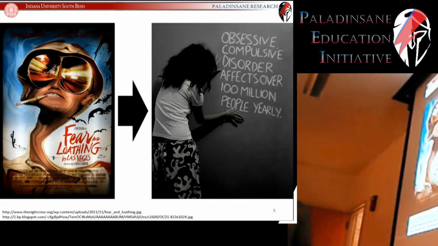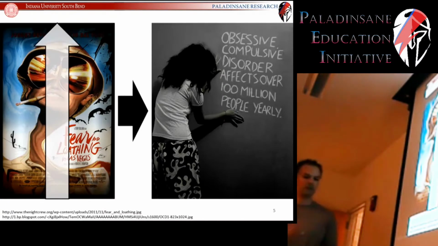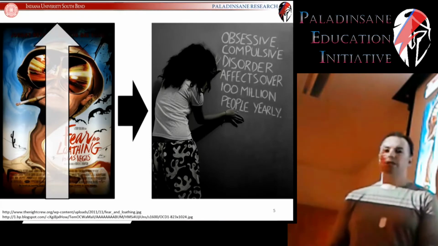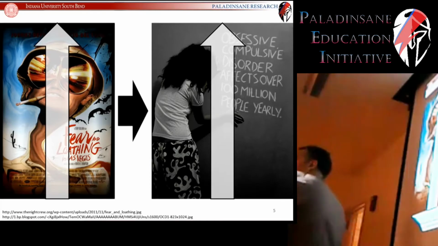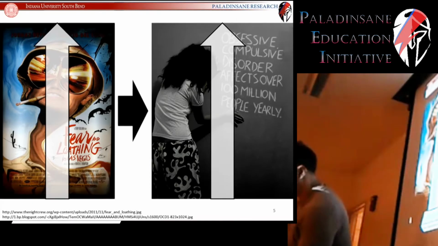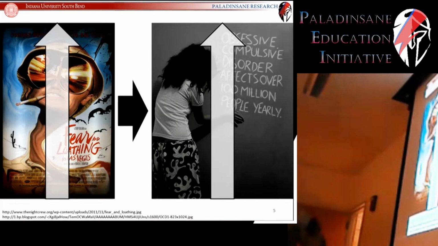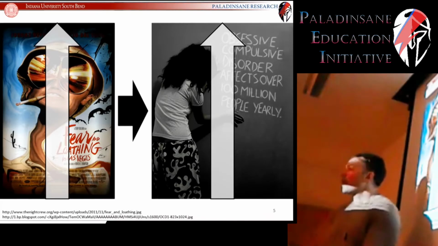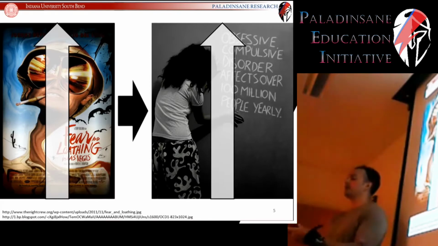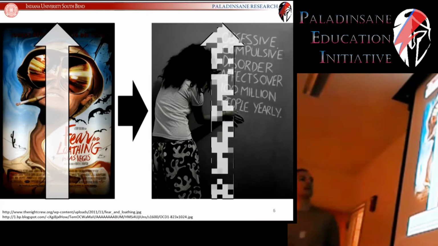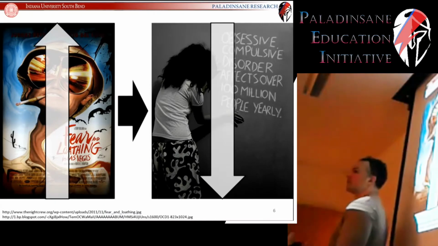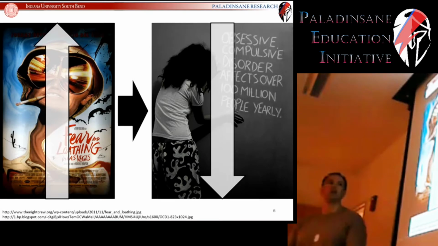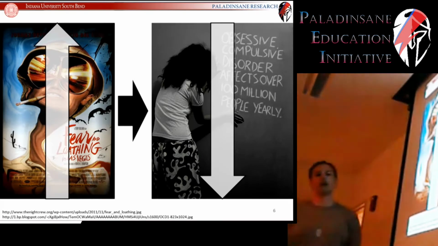Then you can predict whether an increase in the use of hallucinatory drugs would cause an increase in obsessive compulsive disorder, meaning that the cause of obsessive compulsive disorder might share the same brain mechanisms that are affected by the use of hallucinatory drugs. Or on the other hand, the theories might lead you to predict that an increase in hallucinatory drug use would lead to a decrease in obsessive compulsive disorder, in which case you have the potential for a treatment.